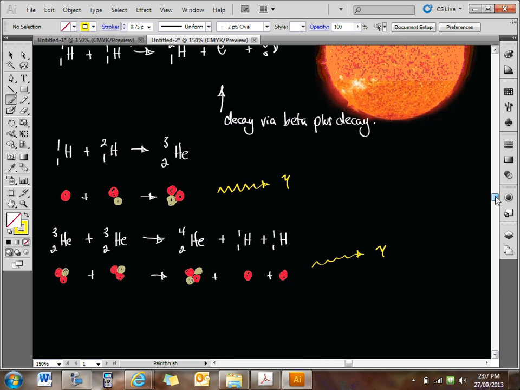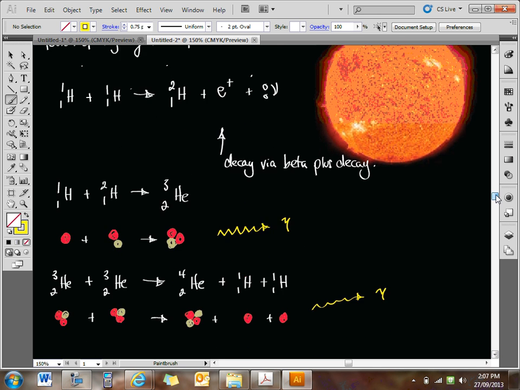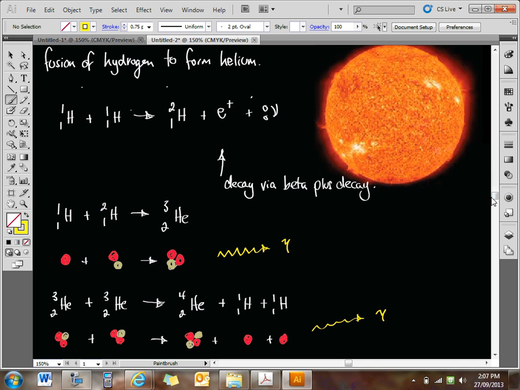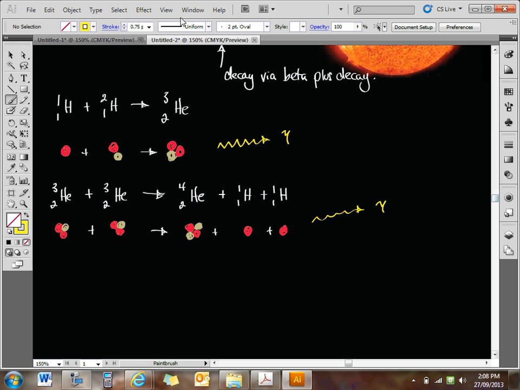What's going on inside all stars, and this is the most common state in the universe. Of course, you know solid, liquid, and gas. The star is not any of those things. It's something called plasma.